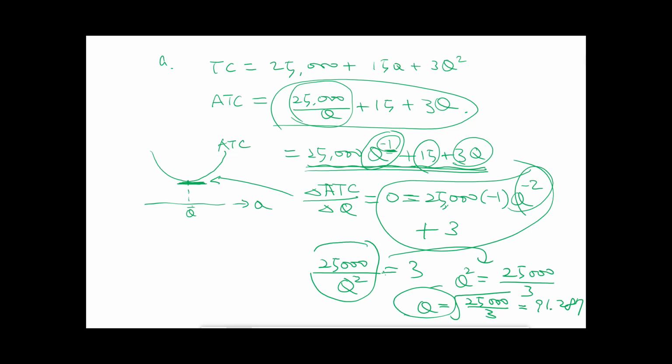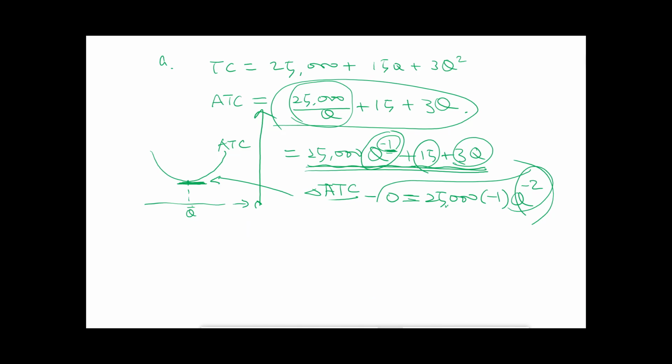So with this one, you can replug this Q equal 91 into the average total cost. So once you do it, well, there are lots of things going on. Maybe we remove this portion. Let's say you find that Q where the minimum of average total cost occurs is approximately 91, and plug this into the average total cost.